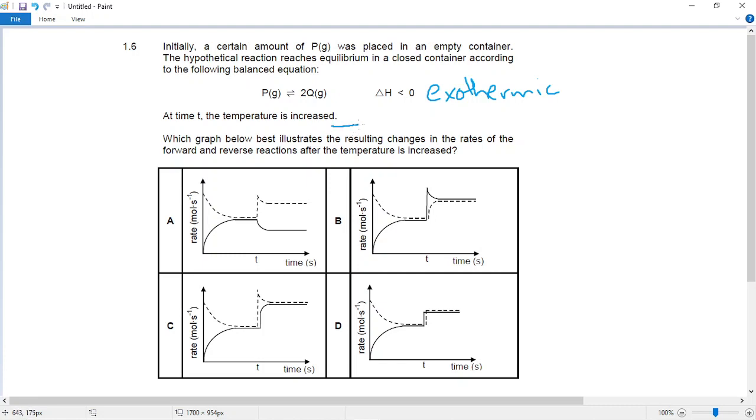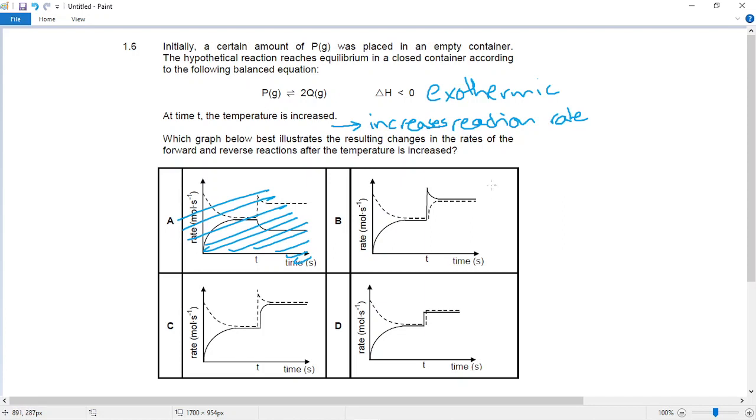Well, after the temperature is increased, an increase in temperature always increases reaction rate. So if we look at these graphs and any of them show a decreased reaction rate after equilibrium, we are going to get rid of them. So we are immediately going to get rid of our friend A because it's got one reaction rate decreasing.